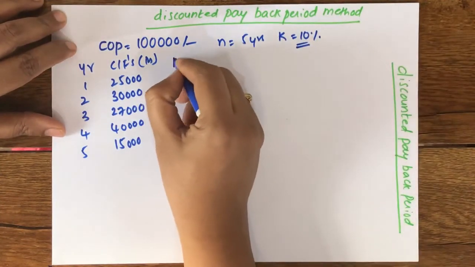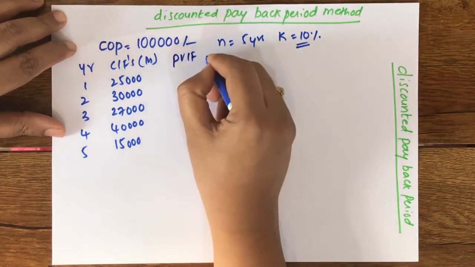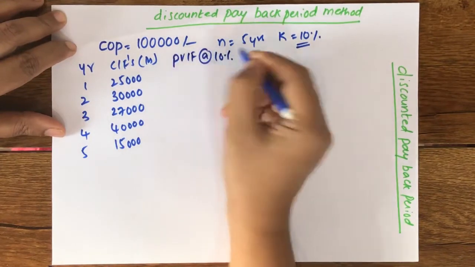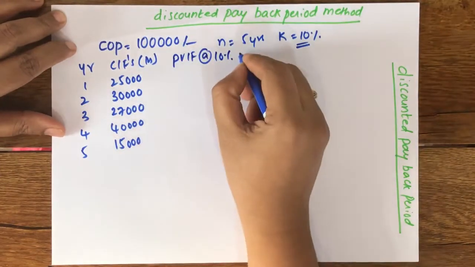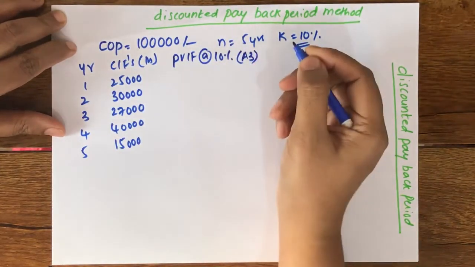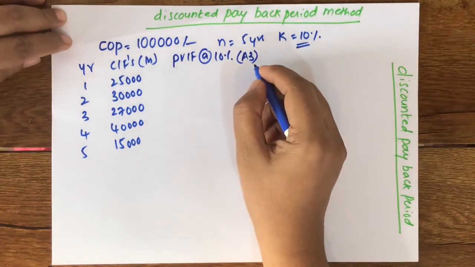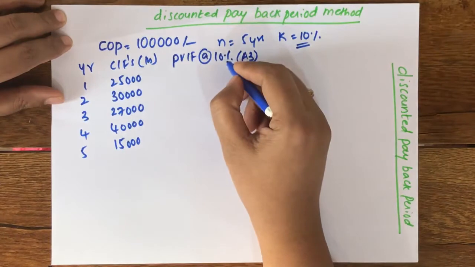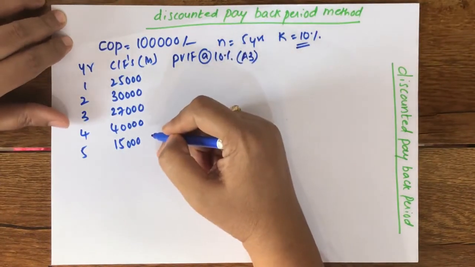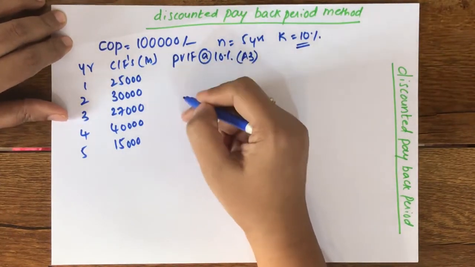So, PVIF at the rate of 10%. As in this case cash flows are uneven, we follow table A3. In table A3, in the line of 1, 2, 3, 4, 5 years at 10%, the present value of 1 rupee is given directly.